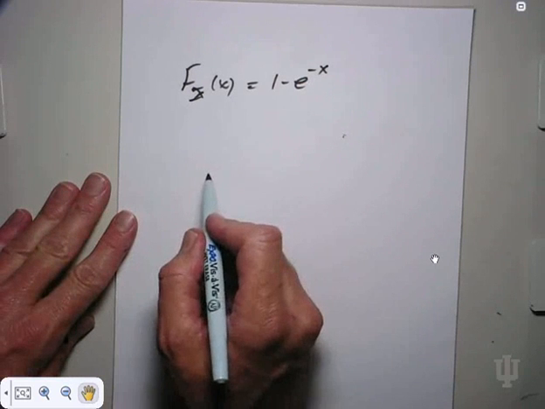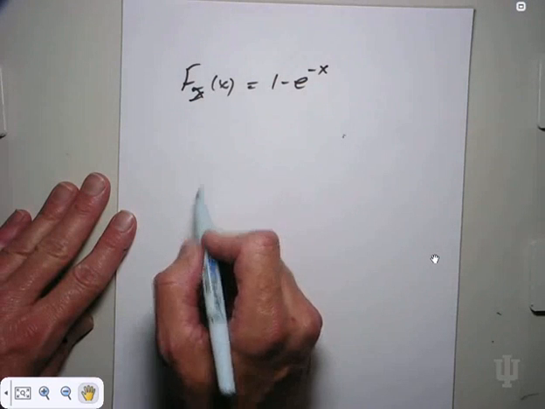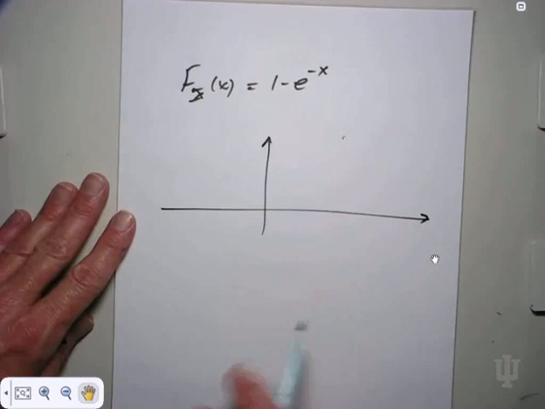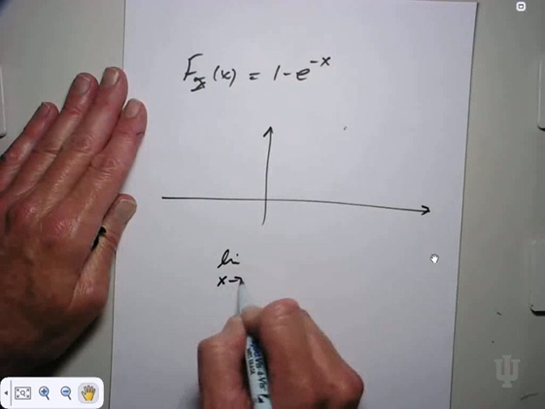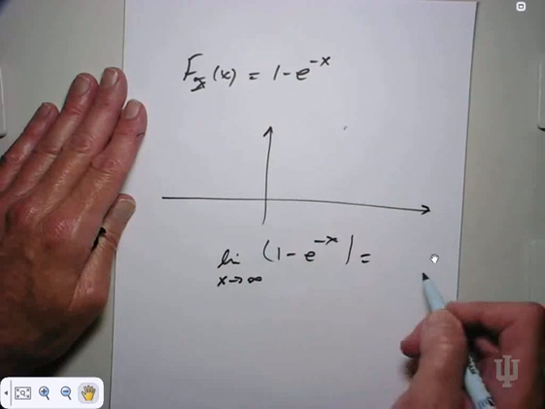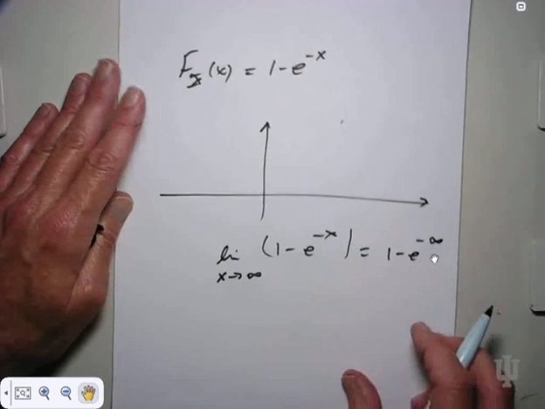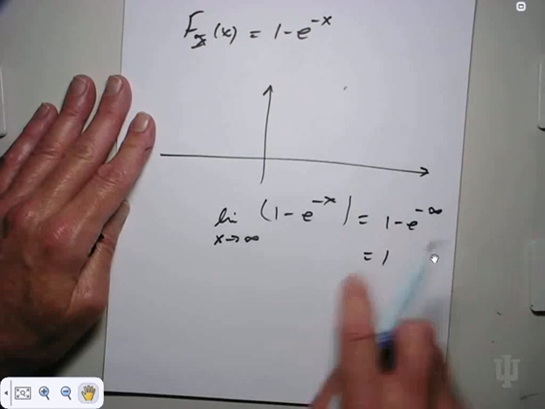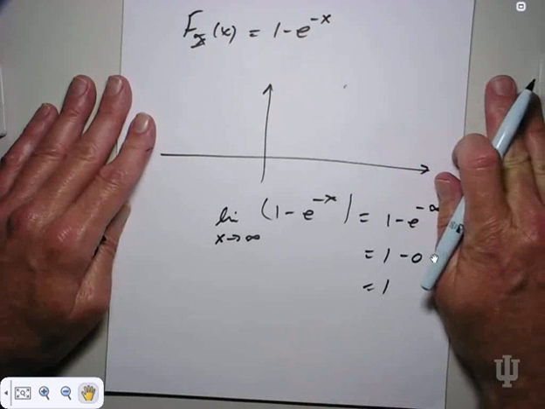I believe the limit as x goes to infinity of 1 minus e to the negative x will be 1 minus e to the negative infinity, if you allow me to write that down. It's bad math. But that's 0.